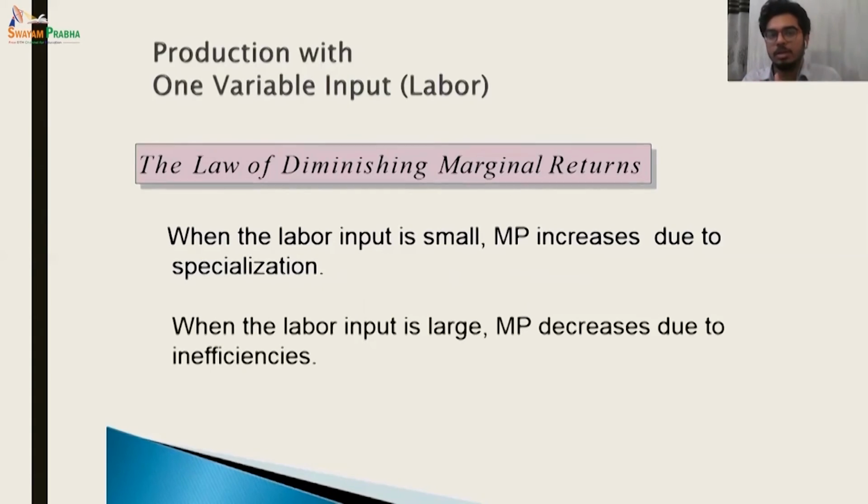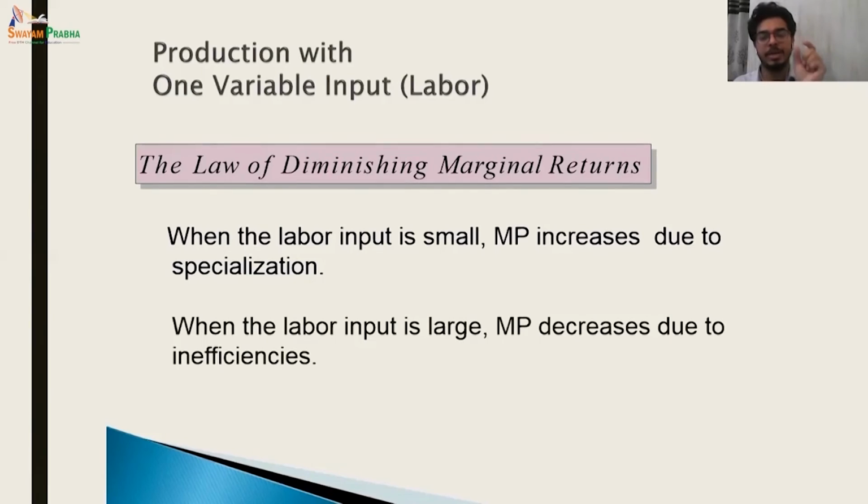Production with one variable input also states that when labor input is small, initially the marginal product will increase because its contribution is needed, and hence at the very beginning its contribution is generally larger, and it increases due to specialization, because every single input has its own niche area, its own specialization.